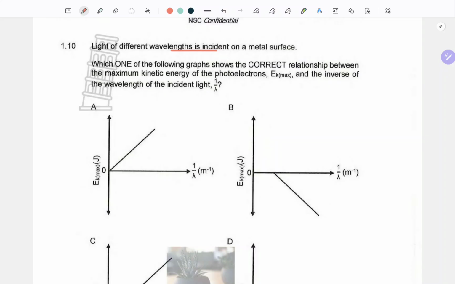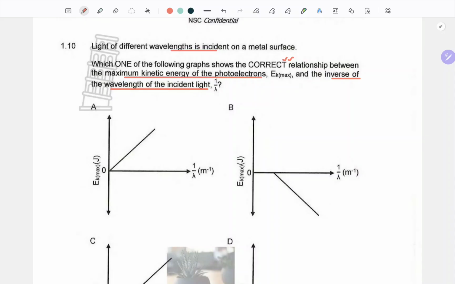Okay. Now this is the photoelectric effect. Which one of the following graphs shows the correct relationship between the maximum kinetic energy of the photoelectrons, EK max, and the inverse of the wavelength of the incident light? So what is this, guys, in general?